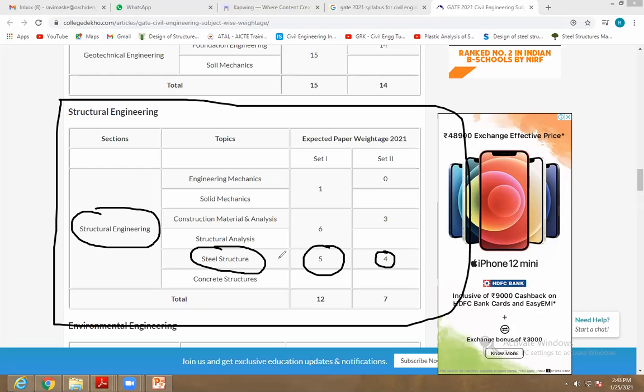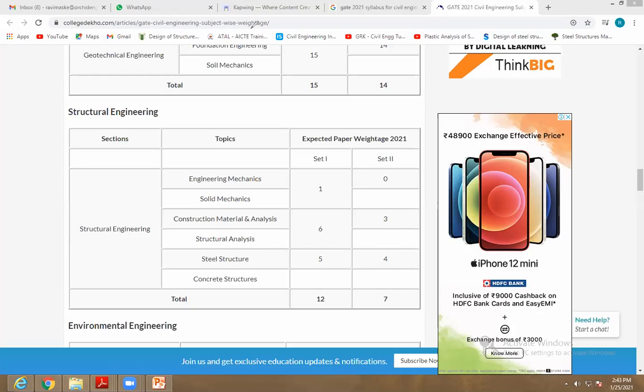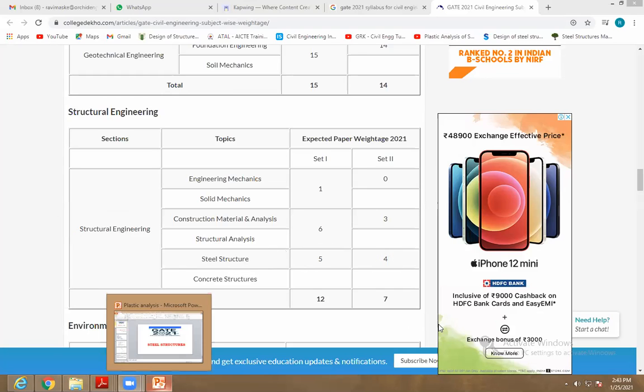Which IIT will organize the GATE, depending upon that, the question paper will be set and the weightage of each subject changes each year, right? So this is the expected weightage of steel structure, maybe 4 marks or maximum 5 marks.